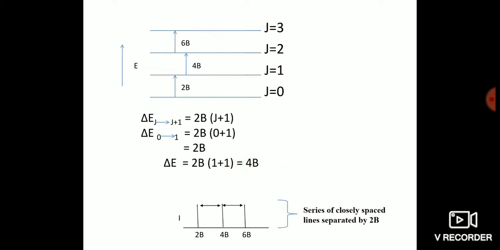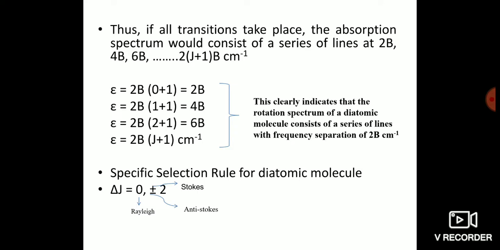Here you can see a series of closely spaced lines separated by 2B, 4B, 6B and so on. Thus, if all transitions take place, the absorption spectrum would consist of a series of lines at 2B, 4B, 6B and so on, up to 2B (J plus 1) centimeter minus 1, right?